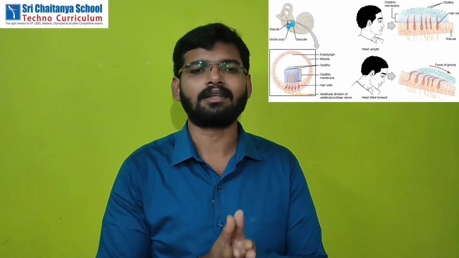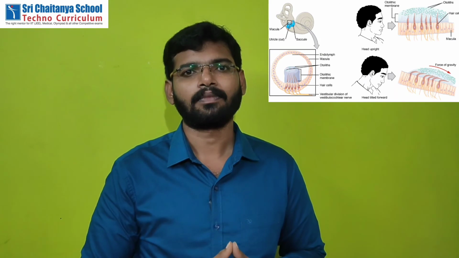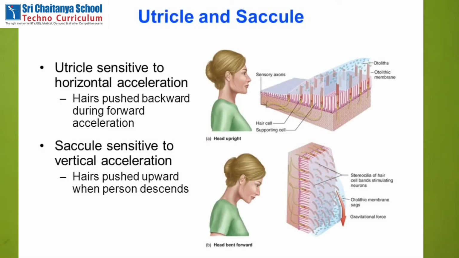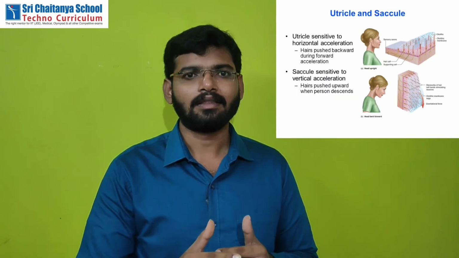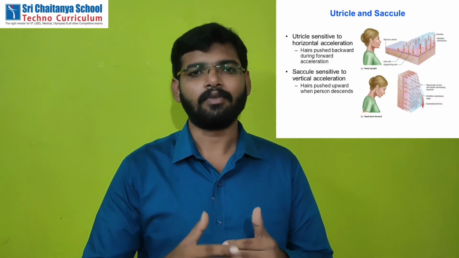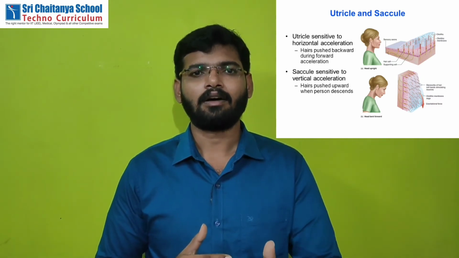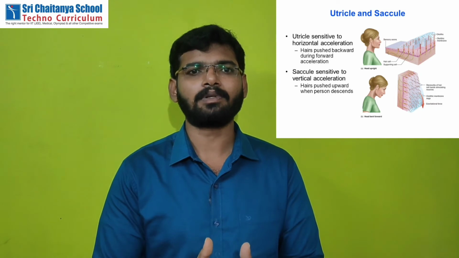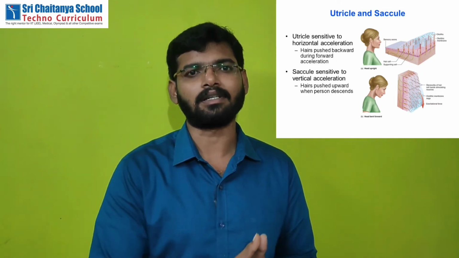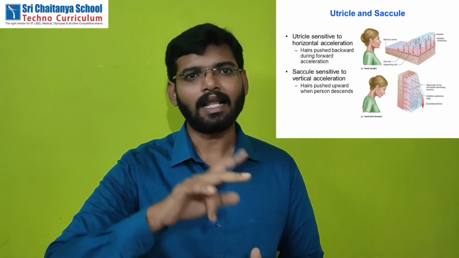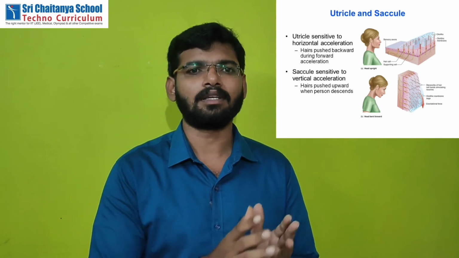These movements are sensed by the saccule. And the utricle helps to sense horizontal movements. That means when you are going in a car, forward or backward, these movements are sensed by the utricle. These two, saccule and utricle, are both present in the vestibule.